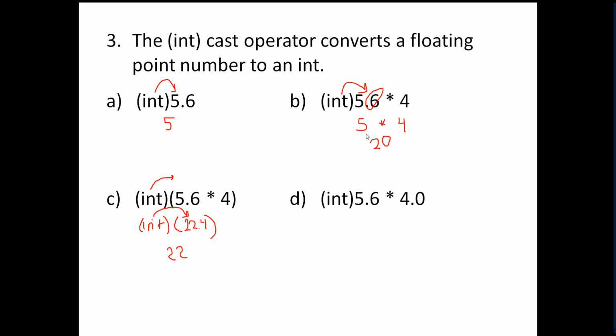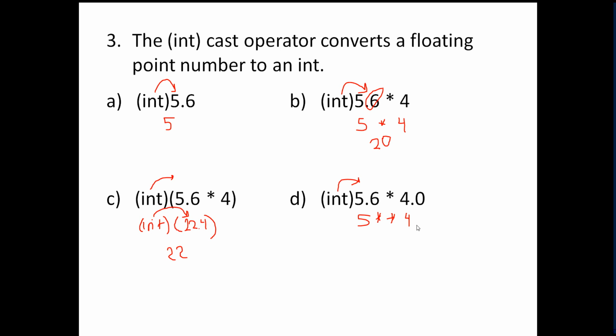So again, you see the situation where the use of parentheses makes a difference. It affects what the cast operator acts on. And in D, we have an int acting on the 5.6. It becomes a 5. Now, this is times 4.0, which is a double.